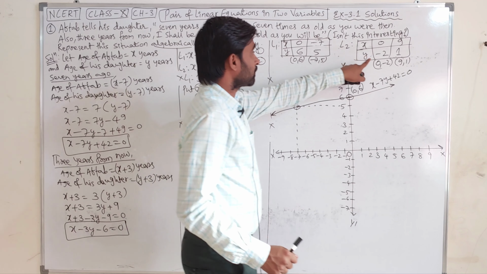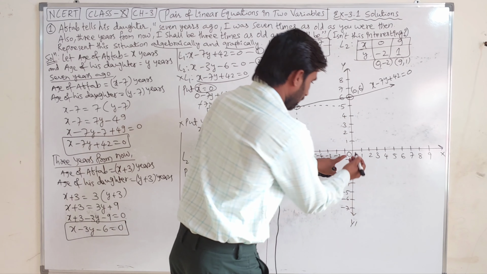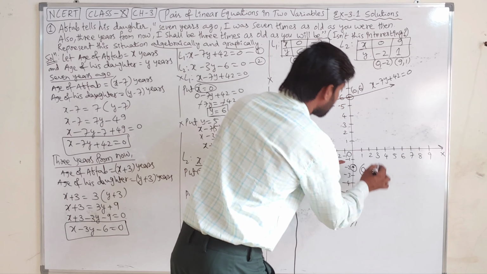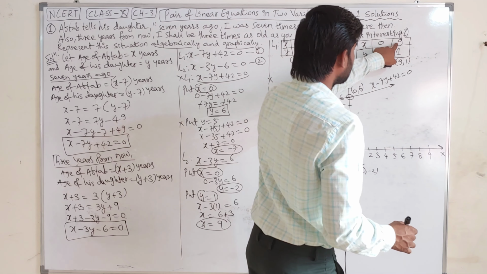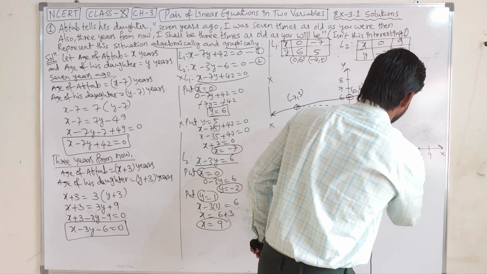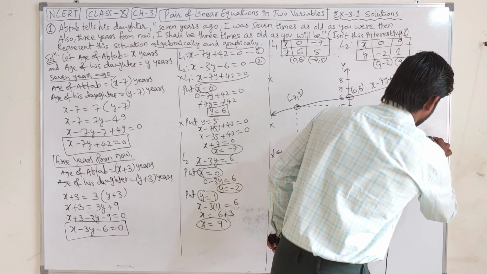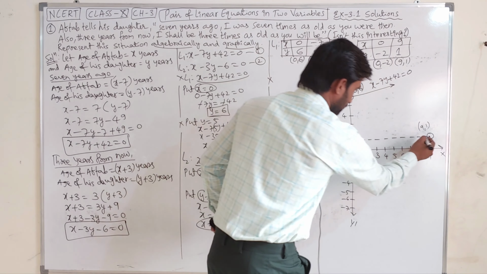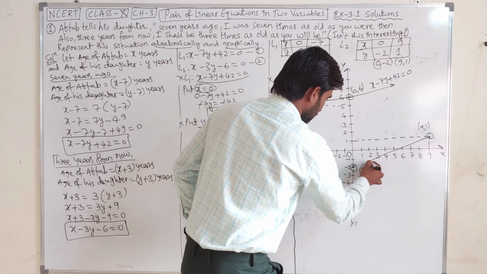Next, the second one. When x is 0, y is minus 2. So 0, minus 2 is the second point. When x is 9 and y is 1, this point. Now join these 2 points, and we will get one line like this.